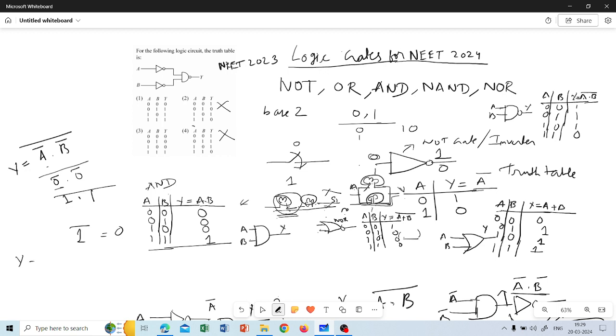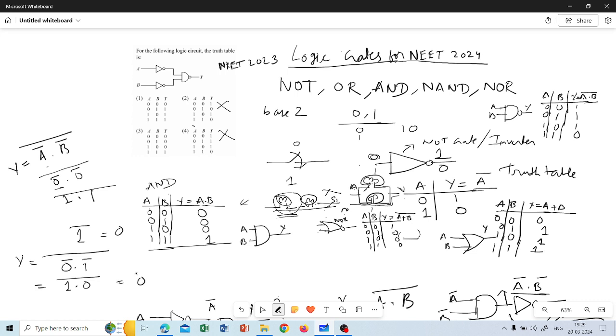Let me check it. If I put 0 1, A is 0: 0 complement dot 1 complement, whole bar. When 0 is passed through a NOT gate, the output is 1. When 1 is passed through a NOT gate, the output is 0. So now 1 0, take the AND gate, 1 into 0 is nothing but 0.